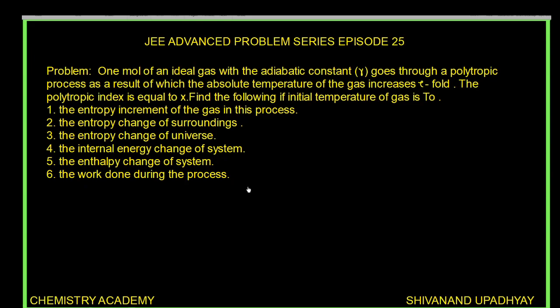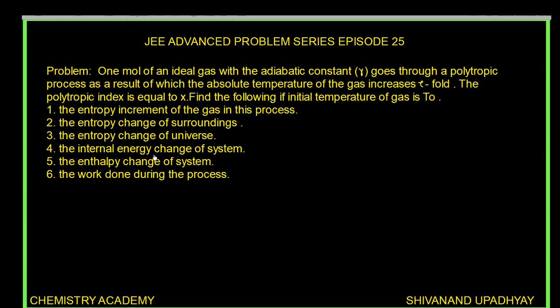You can pause now and try by yourself. You have to write the answer in terms of gamma, tau, the number of moles of the gas, the temperature T naught, and the polytropic index X.